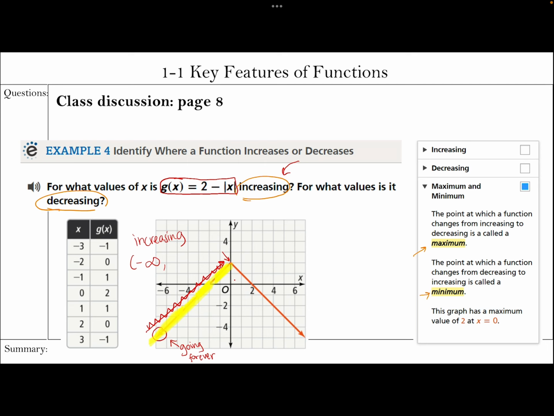Okay? Because we're looking at the x values. So we start at -infinity all the way to 0.